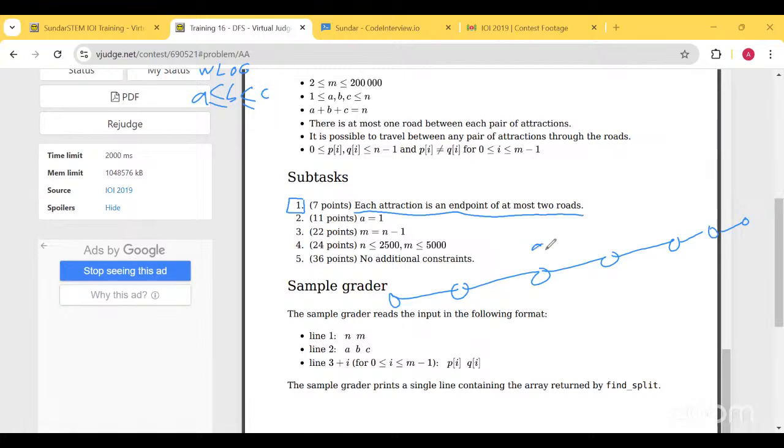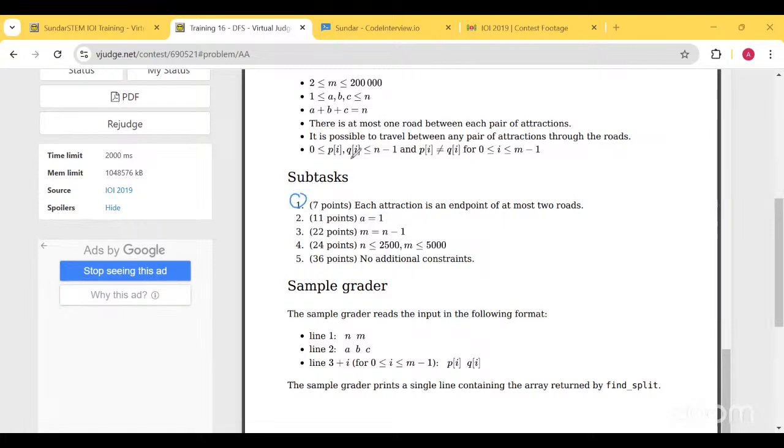So if we get a path with length a plus b, yes, we can solve this. Just create a group like this, right? And the other nodes go into C. Okay, yes, that's one good observation. So from that observation, can we solve the first subtask?